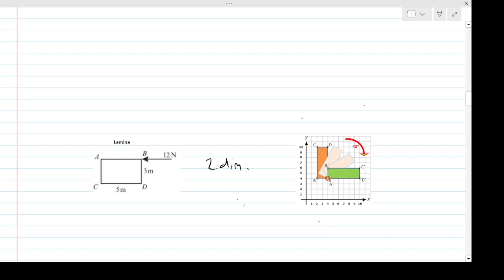If you imagine we physically hold this whole rectangle at A, it's completely still. We hold it very firmly at A, where we press the rectangle to hold it down. If you then imagine we push a force exactly here at 12, the lamina won't rotate in any way.